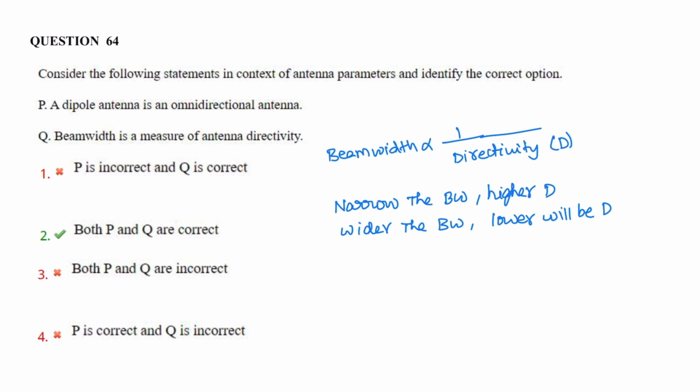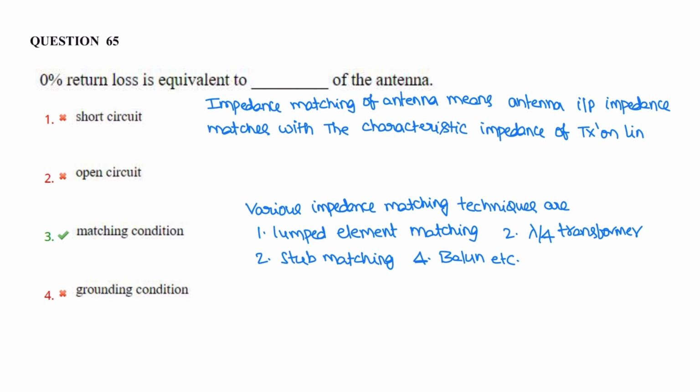Next question. 0% return loss is equivalent to dash of the antenna. So let us see the definition for impedance matching of antenna. Impedance matching of antenna means antenna input impedance matches with the characteristic impedance of transmission line.